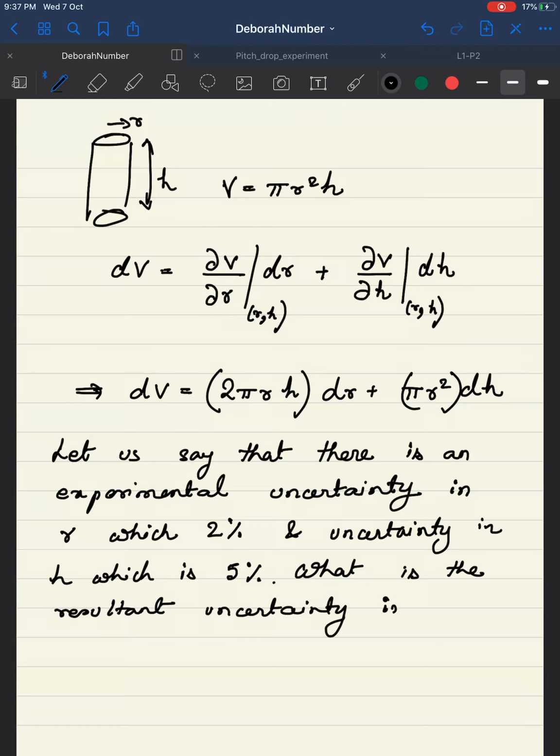Now it's given to you that the uncertainty in r is less than 2%.